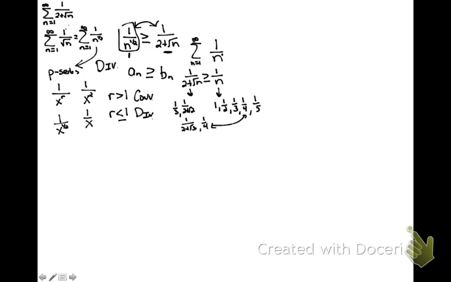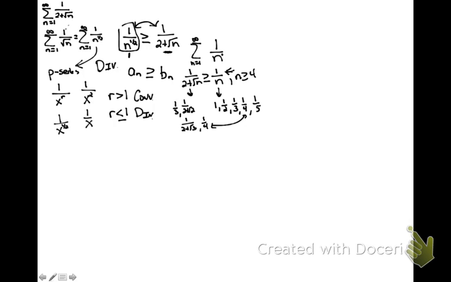So when n is greater than or equal to 4, this relationship is true, for pretty much everything is a way to think about it. This does meet our ability to compare directly, because what we want to know about dominates a known divergent series. So they both diverge.